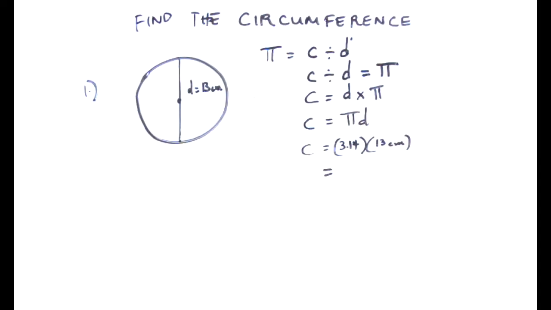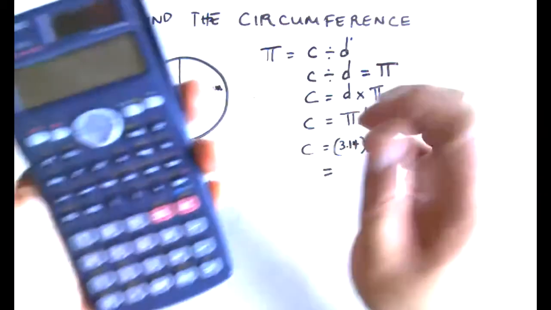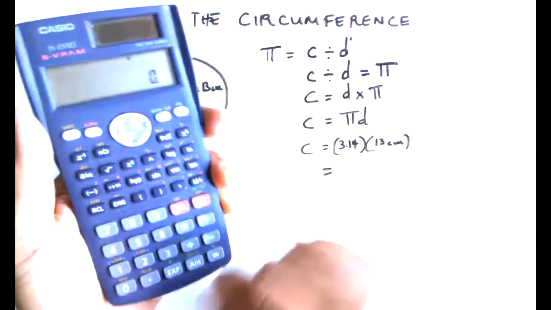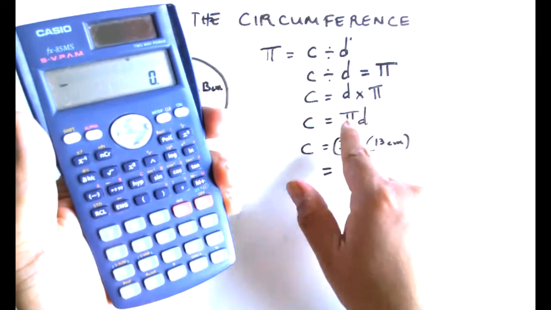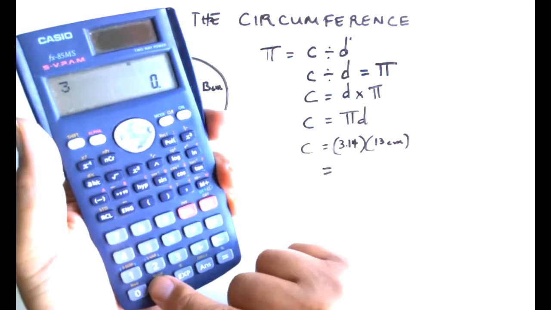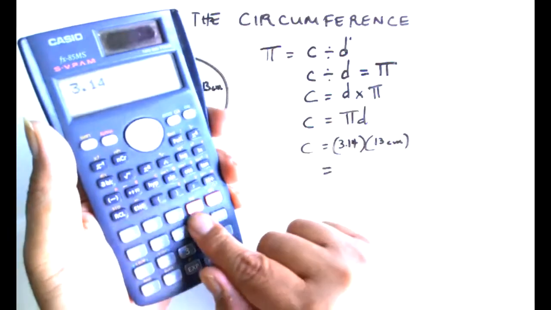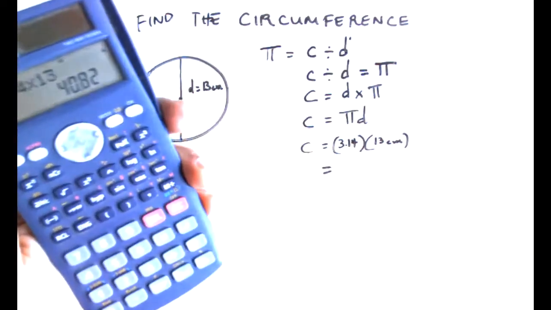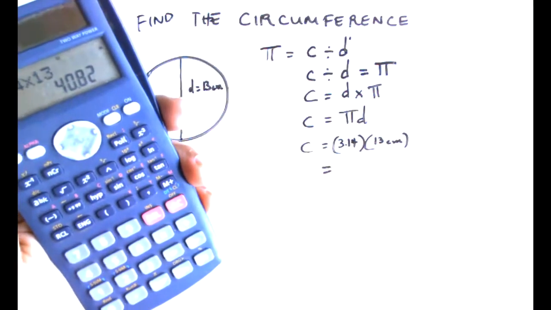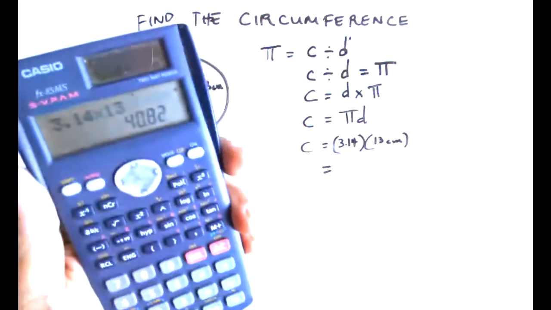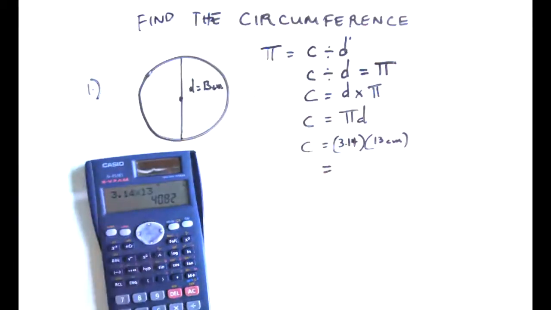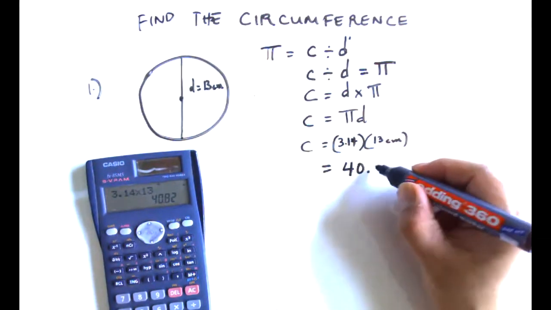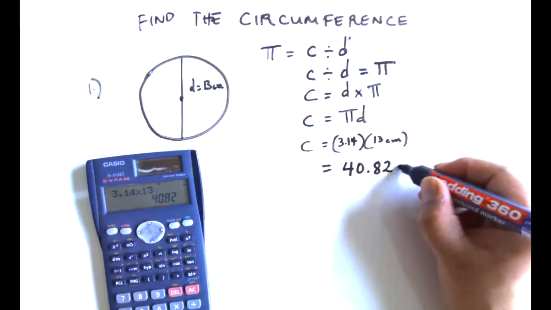So we can do it by hand, but you've done that for the last 6-7 years of your life, so we're going to use a calculator. 3.14, which is the value of pi, times 13, and the length of the circle. The length of the circle is 40.82 centimeters.